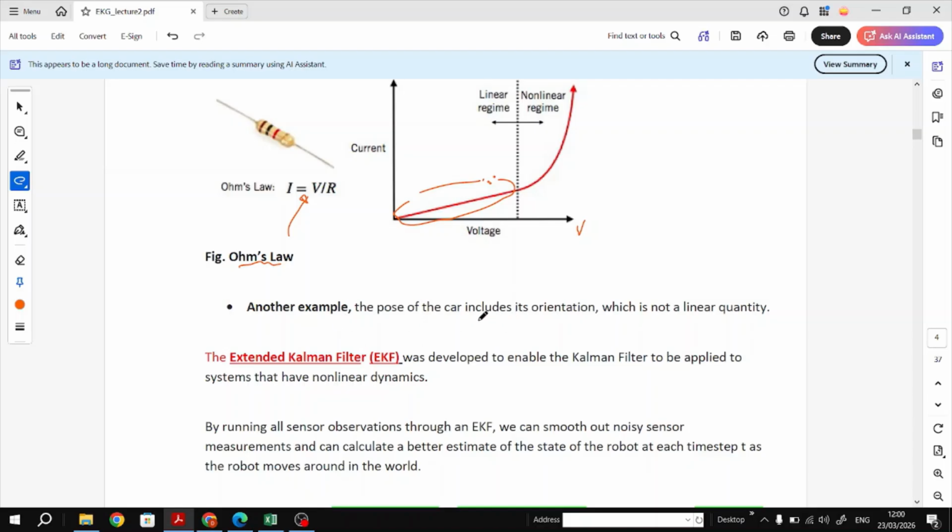Another example is, let's say, our robot moves, or it takes a sharp turn on some road or some path. Then it also shows a nonlinear behavior. In that case, if we need to estimate the state of that vehicle or that robot, where state means, let's say, we want to calculate the position or the velocity, for example, then we cannot use the linear Kalman filter for a nonlinear system.